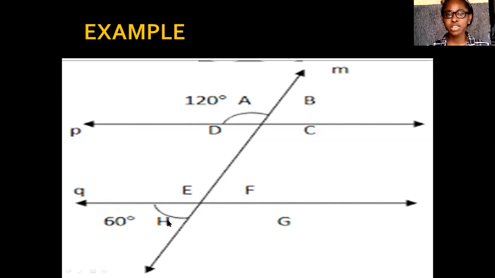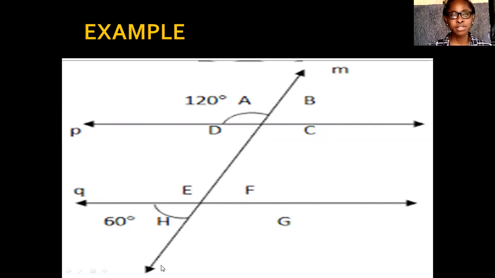Then we'll move to this place. We've gotten the values for A, B, C, and D. Now we have E, F, G, H. Look at it again. This is E. For you to get the value of E, we said that corresponding angles lie side by side at the same location at the intersection.